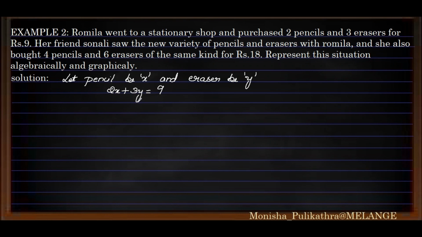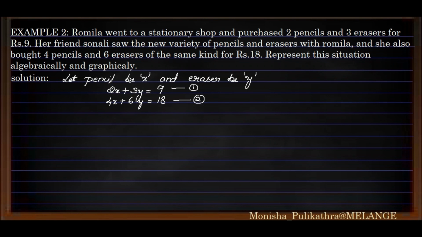Whereas her friend Sonali saw the new variety of pencils and erasers with Romila, and she also bought 4 pencils and 6 erasers for rupees 18. Fine. So this is equation 1 and this is equation 2.